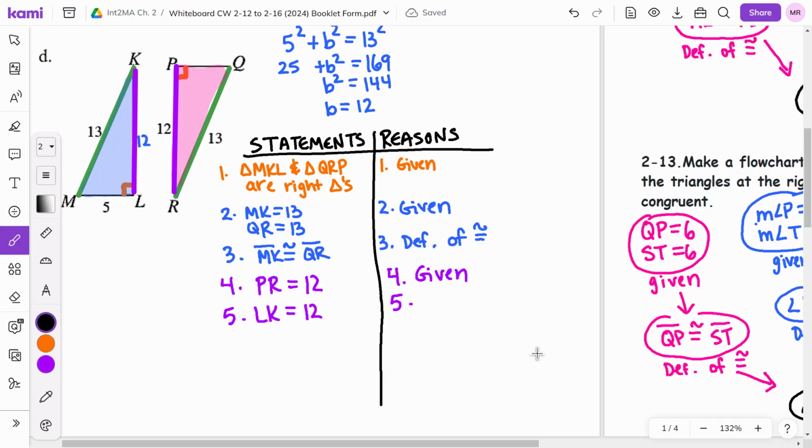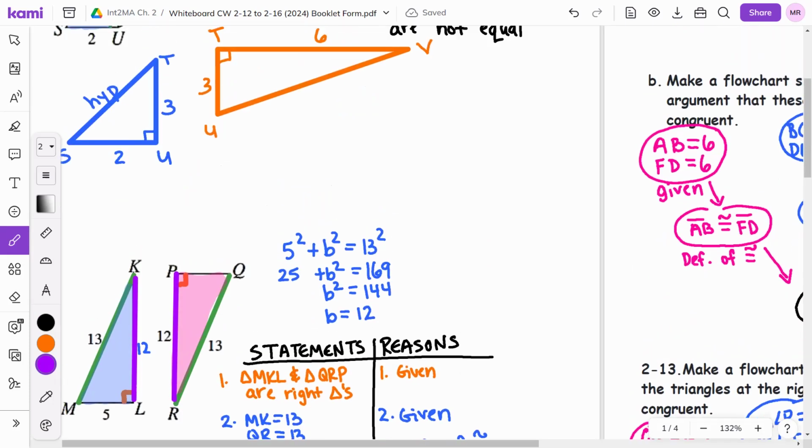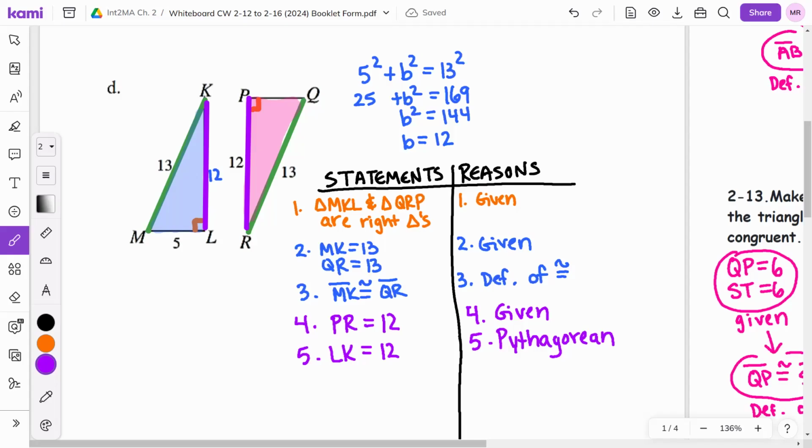That was not given. I had to do work for that. That was Pythagorean theorem. So now that we know that LK is equal to 12, also because of Pythagorean theorem, then what we can say is that line segment PR is congruent to line segment LK, reason, definition of congruence.